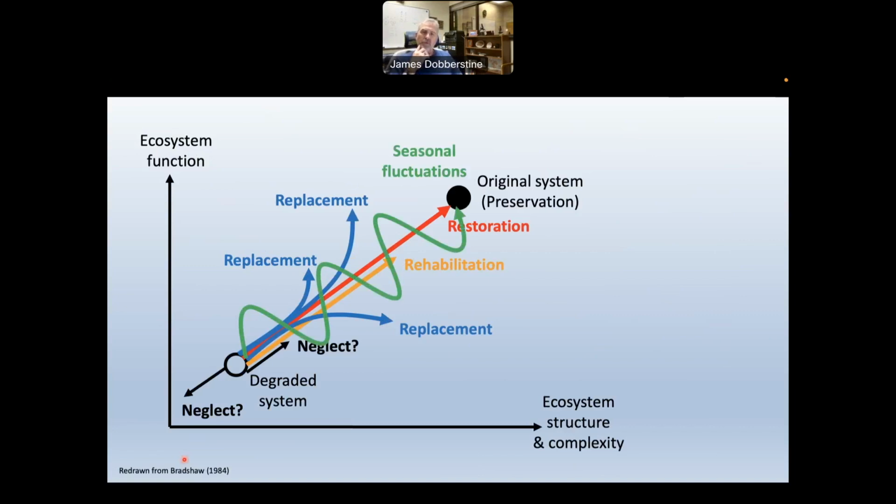So through all of this, of course, there are going to be fluctuations. Seasonal fluctuations are the ones we tend to focus on, but there are others. Like we talked about, the life cycles of the organisms can create fluctuations within the community as well. Those seasonal fluctuations can complicate restoration and trying to get it back to that original system.